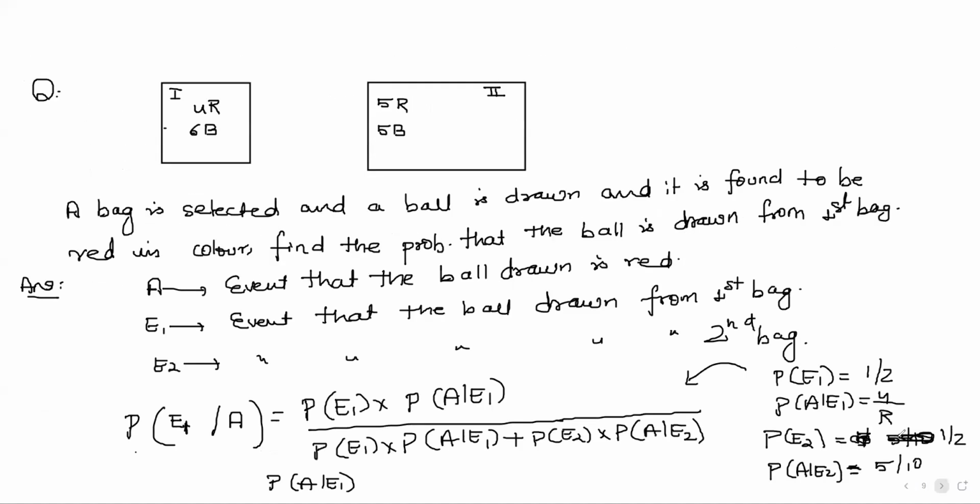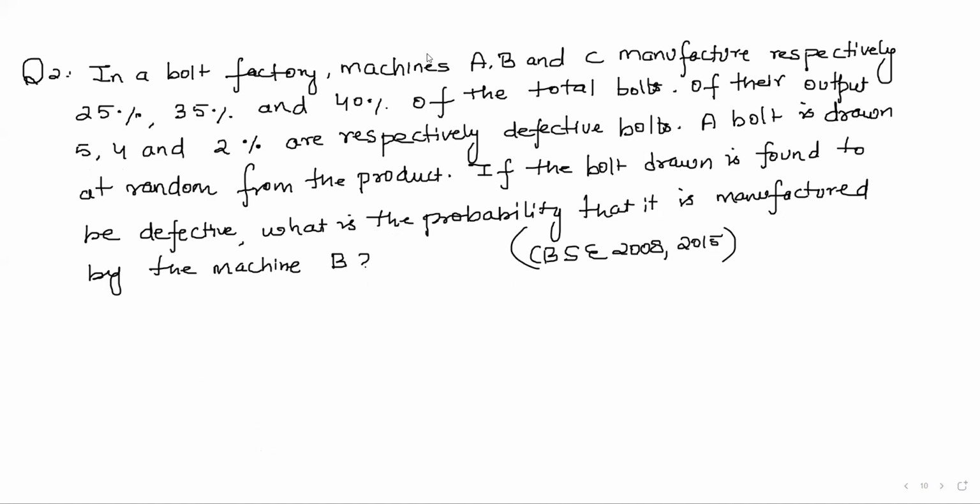Okay, I understood. So Atif, please check here. It is given that in a bolt factory, machines manufacture 25%, 35%, and 40% of the total bolts. Understood? Now, they are not equal. It is not 1 by 3, 1 by 3, and 1 by 3. It is 25%, 35%, and 40%.